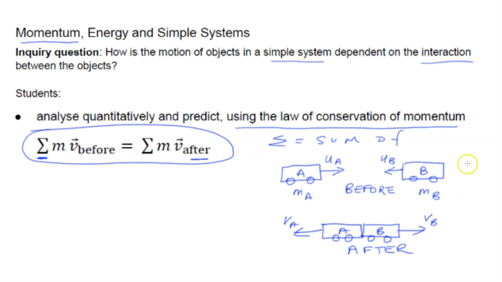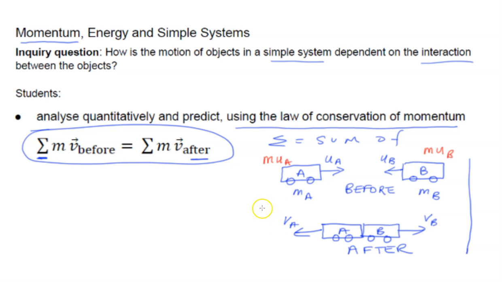So let's use this interaction or collision as an example. We've got the momentum of object A before and the momentum of object B before the collision.